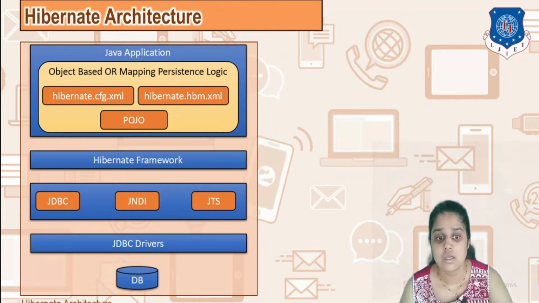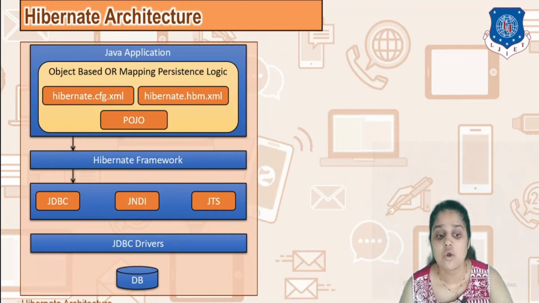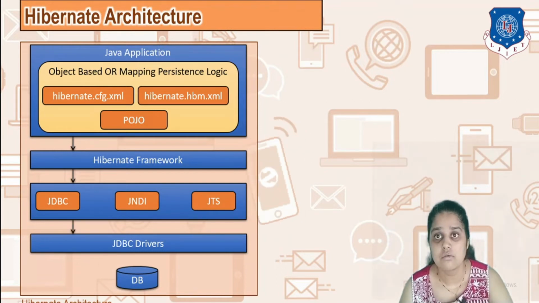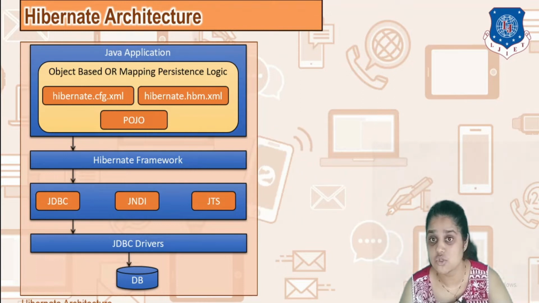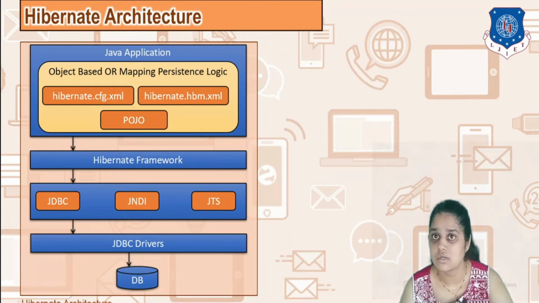So what happens is, from your Java application you are calling the Hibernate framework, which will call the JDBC API. In the JDBC API we will come to know which driver you will be using depending on what database you are going to connect to, and data can be either stored or retrieved from the database.